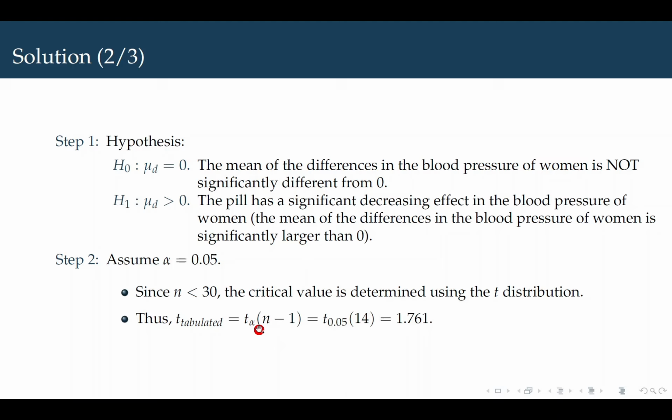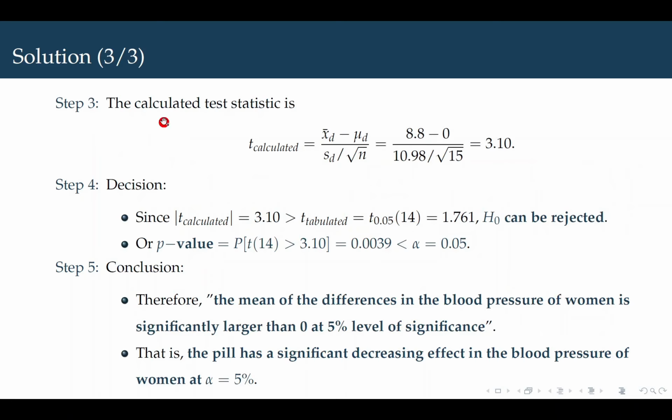Now here we do not divide alpha by 2 because we have a one-sided alternative hypothesis. Therefore it should be T alpha with n minus 1 degrees of freedom, and this is T 0.05 with 14 degrees of freedom. Then you can easily obtain the value from the T distribution as 1.761.